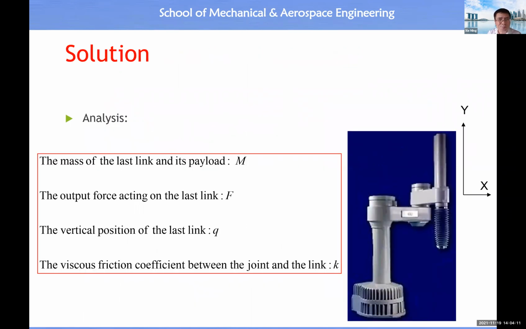The first step of the solution is to do a quick analysis of the question to derive the key information. We know the last link has a mass m, and the external force acting on the last link is F. We use q to represent the generalized coordinate, but in this case it is a linear motion. And the viscous friction coefficient is denoted by k.